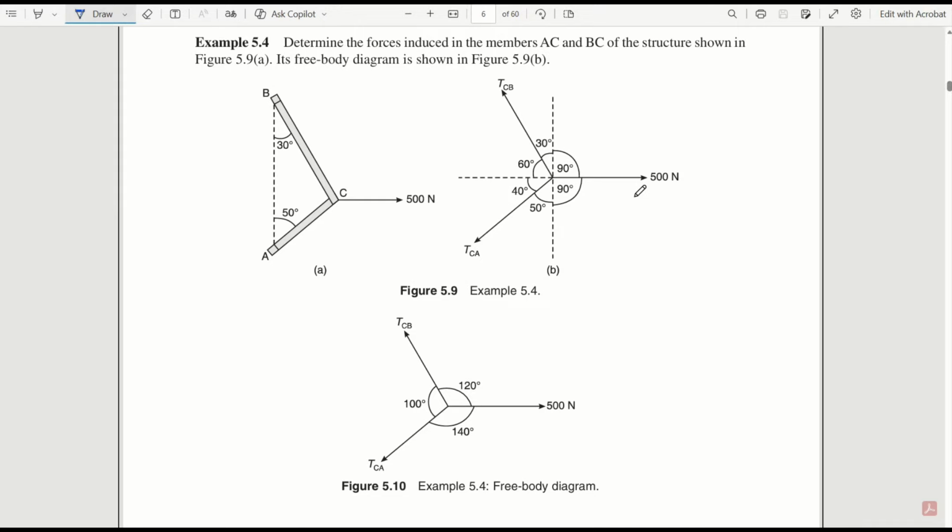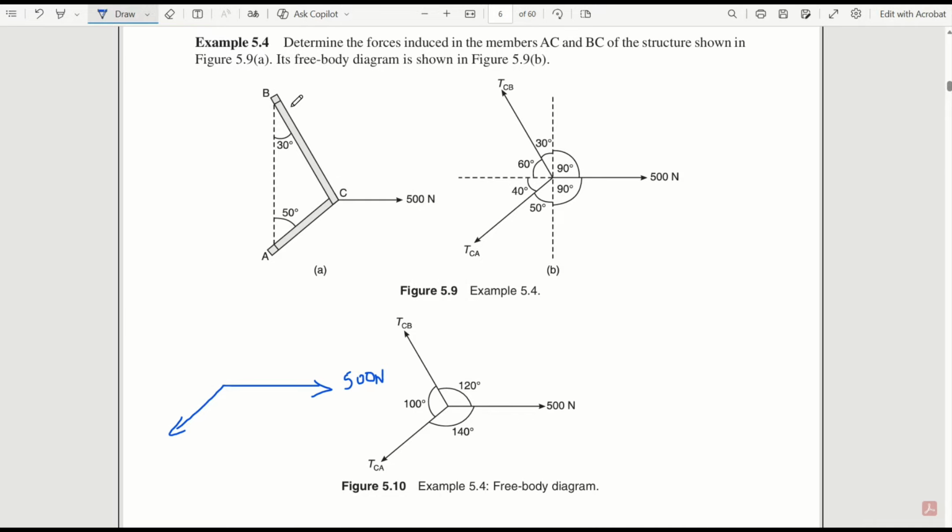Let me explain for those who didn't understand how to draw the free body diagram. I will draw here only. So this is the 500 Newton load. Next, this one is CA or AC, whichever you want to write. This is the weight, and this one is T. This is all tension created.